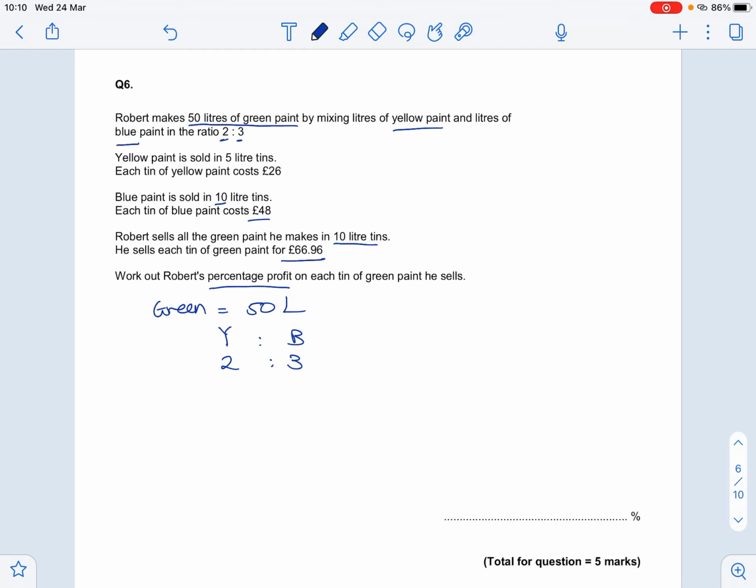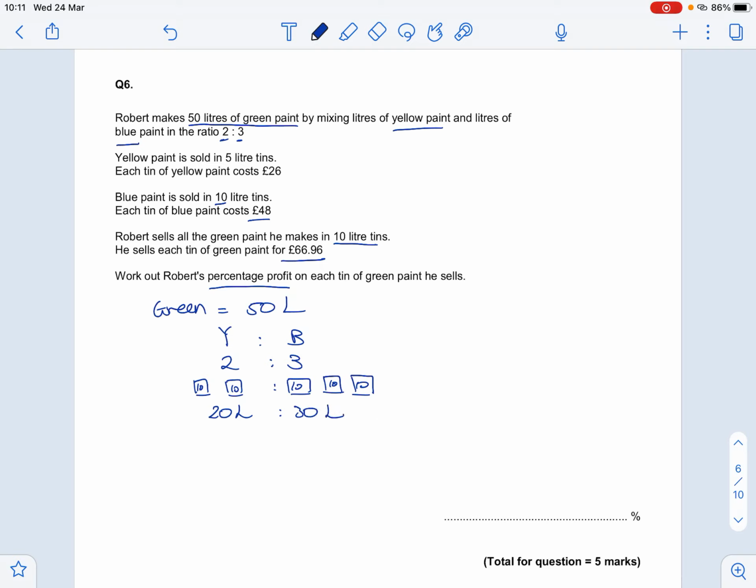So there's 5 parts. There are 2 parts of yellow to 3 parts of blue. So there's 5 parts and we need 50. So each part represents 10. So he would need 20 liters of yellow and 30 liters of blue.